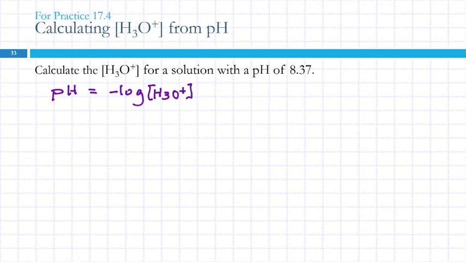I'm going to show you how this works, but then you can just memorize the rearrangement. So I'm going to multiply both sides by -1, so this becomes positive and that's negative. And then to undo a base 10 logarithm, we do 10 to the x. So 10 raised to this side is equal to 10 raised to that side.